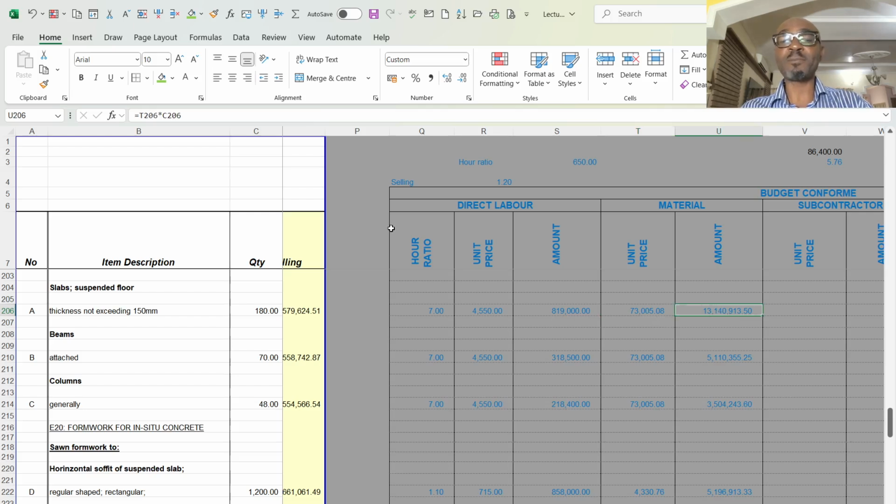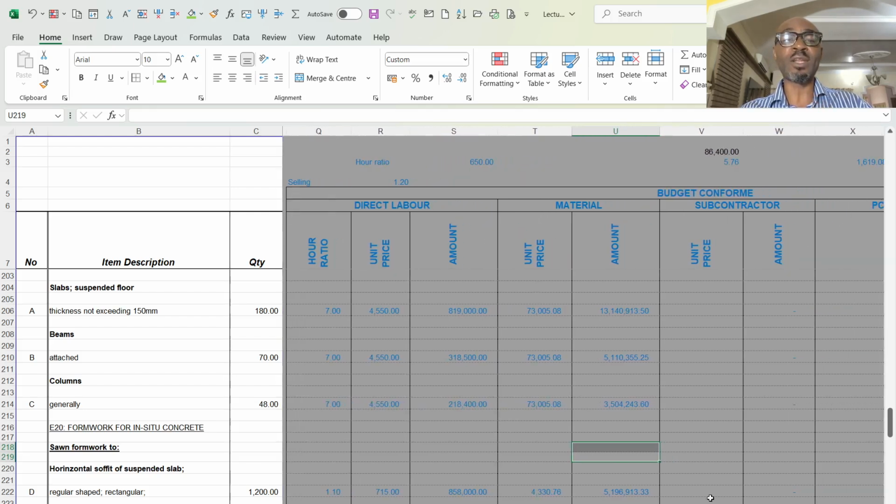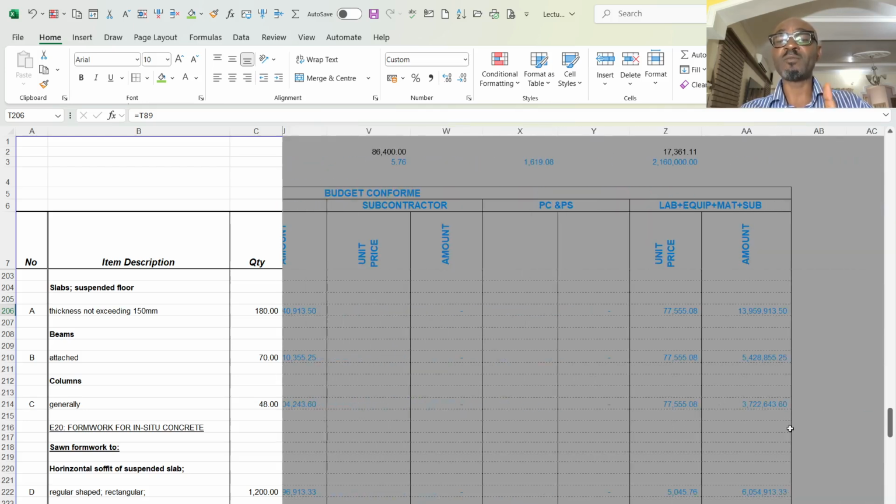So now when I multiply it by the 180 cubic meter, I will have 13,140,913 naira 50 kobo. So also I did for formwork, I did for reinforcement, I did for all the items in the bill. Then I came further to add this labor rate and the material rate to give me an aggregated rate of labor and material.